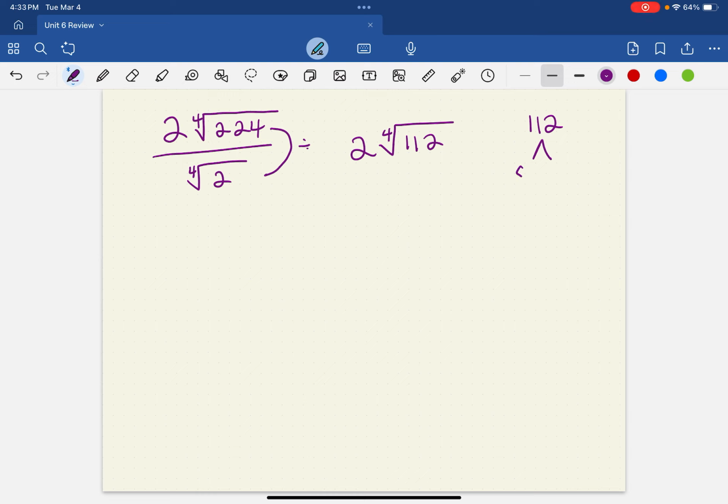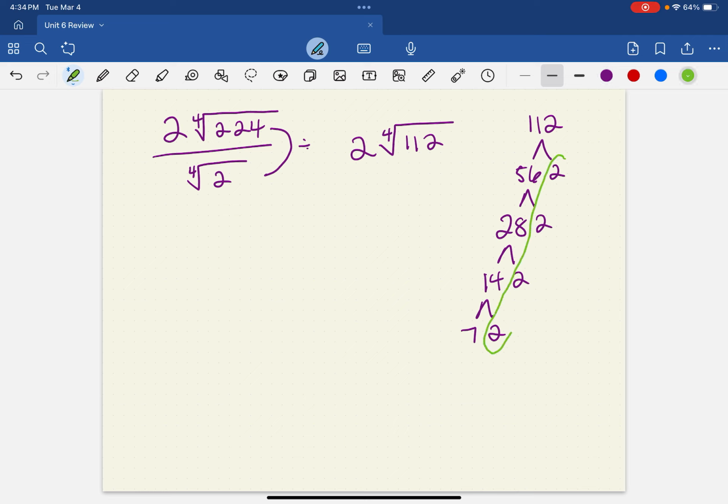So we have 56 and 2. I have a feeling we're going to have a ton of 2s. 28 and 2. 14 and 2. 7 and 2.